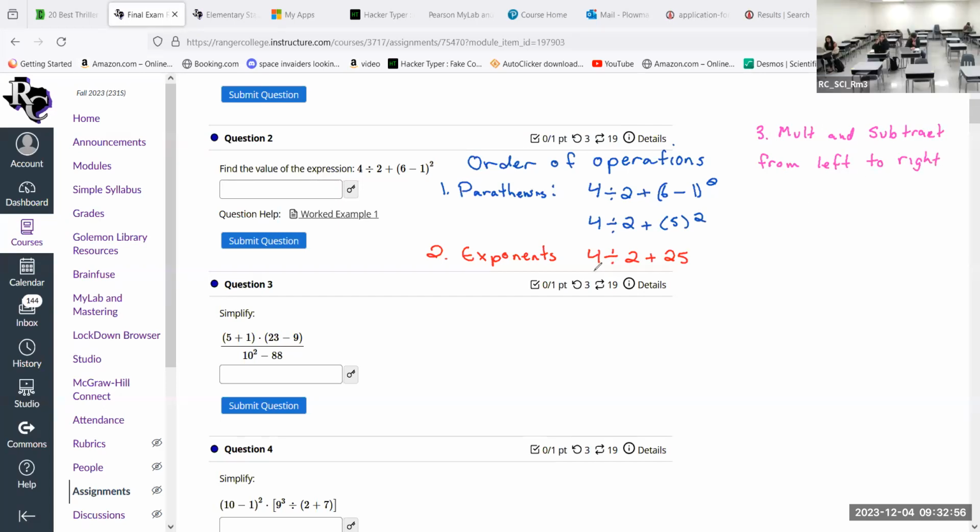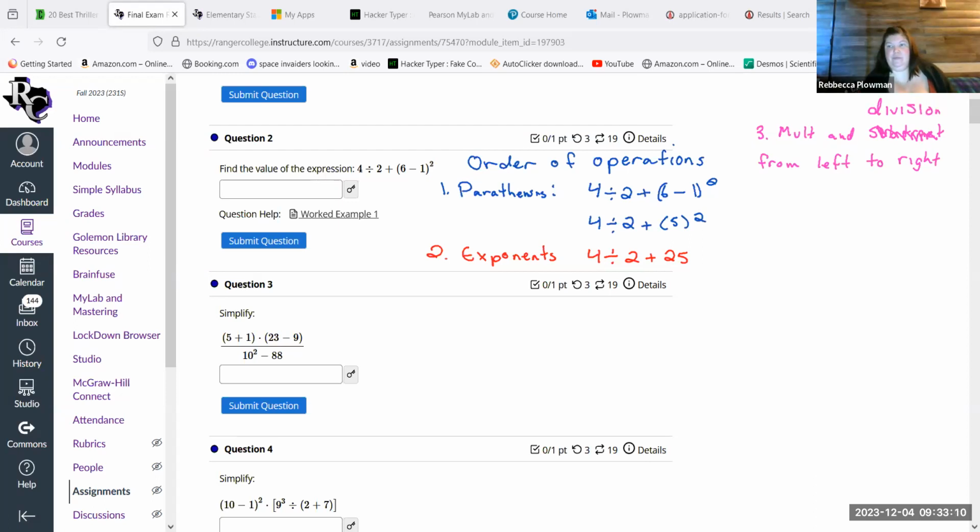We really only have one multiplication or division here, so we just have this 4 divided by 2. That is going to leave me with a 2 plus 25.